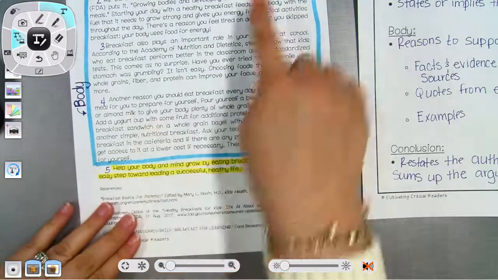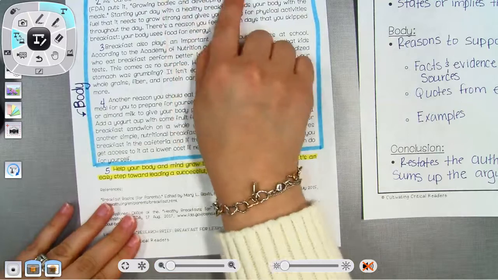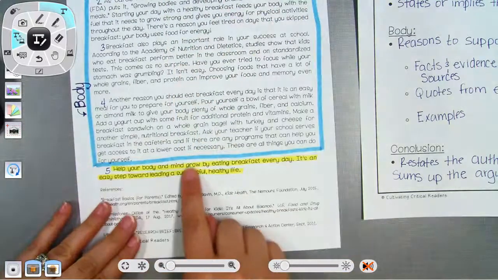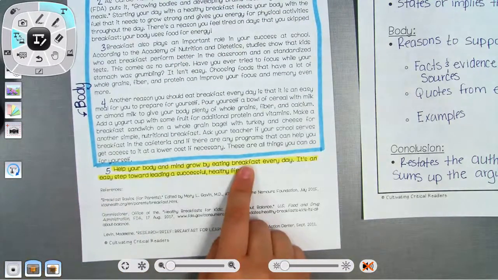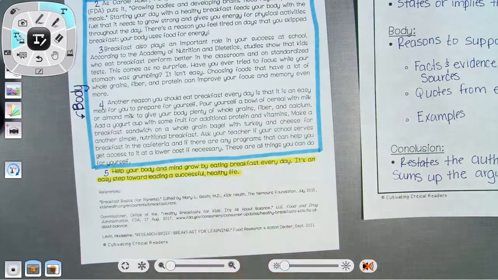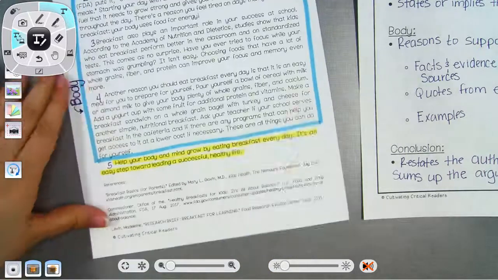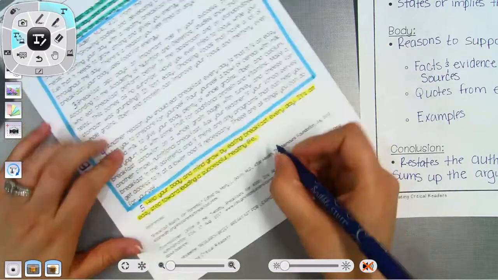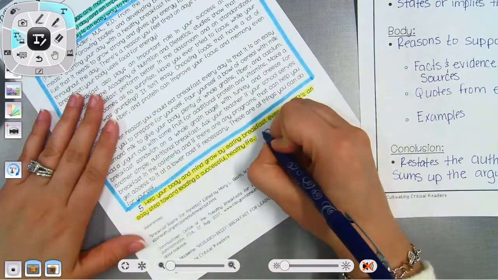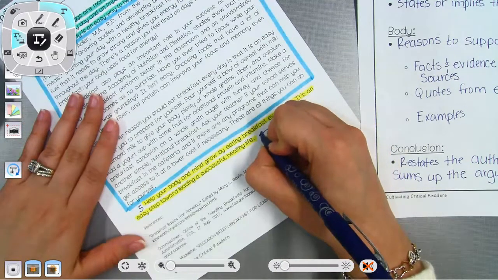So here we're restating. Help your body and mind grow by eating breakfast. So he's restating it, just worded differently. He didn't use the exact same sentence. Okay, so this right here, guys, we're going to call this our conclusion.